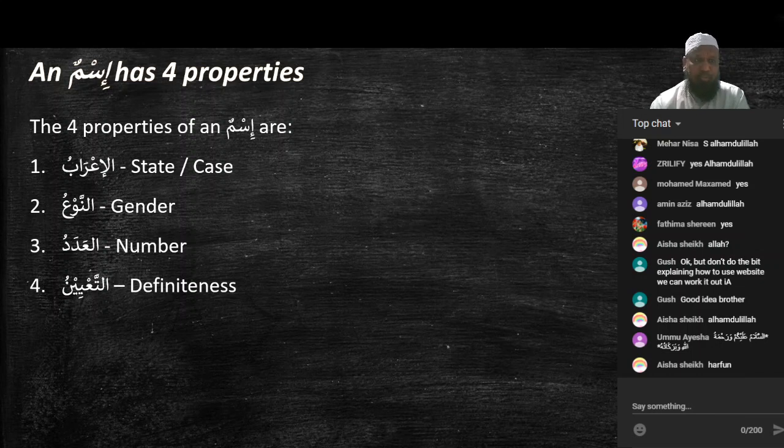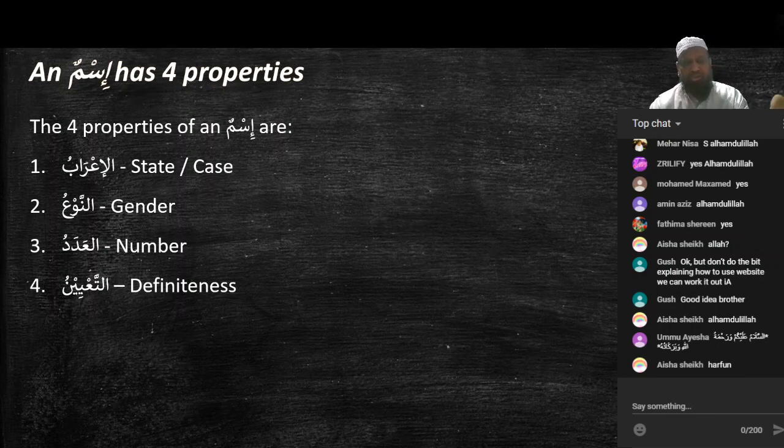The 4 properties of ism are: number 1, الإعراب, state or case. Number 2, النوع, gender. Number 3, العدد, number. Number 4, التعيين, definiteness.